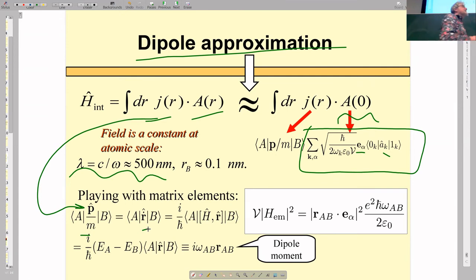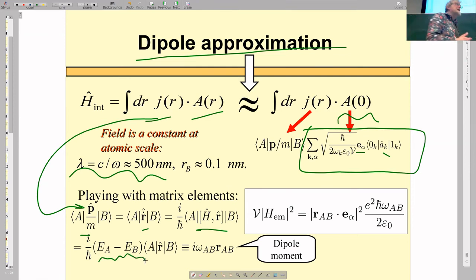On the other hand, velocity is the time derivative of the coordinate, and by Heisenberg formula, it's a commutator of the Hamiltonian with a coordinate. But if we apply Hamiltonians to the states of certain energies, the states A and B, we just get the energy difference.